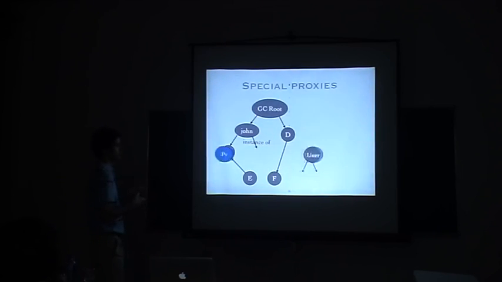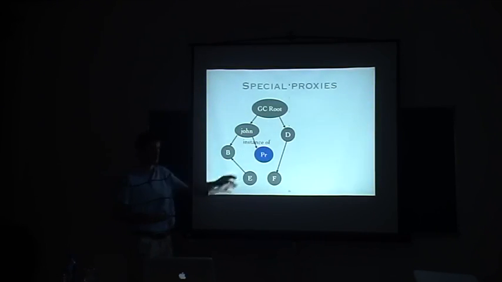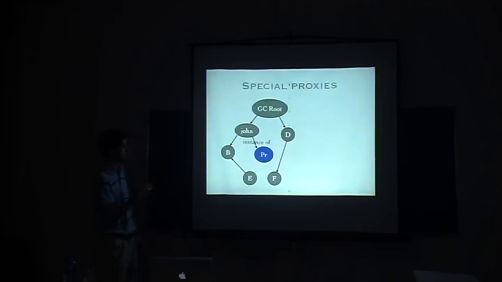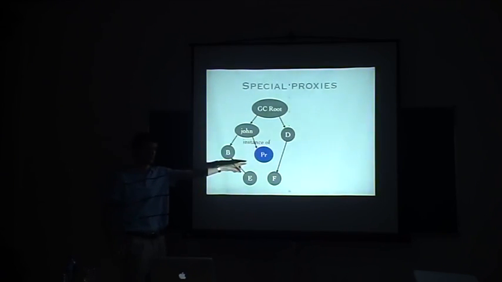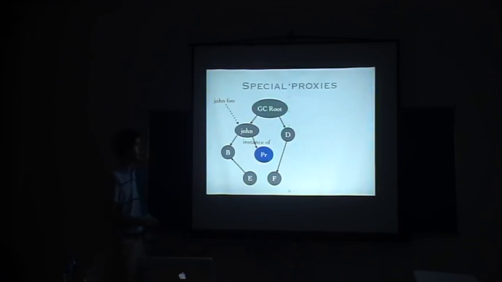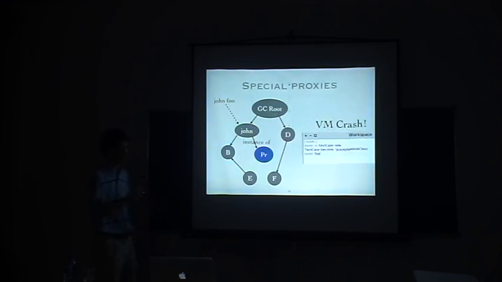So if I do the become, for example, because I wanted to swap the class User, it means that John's instance, in its object header, its pointer to its class will be pointed to the proxy. So if now I do John foo, this will crash immediately.